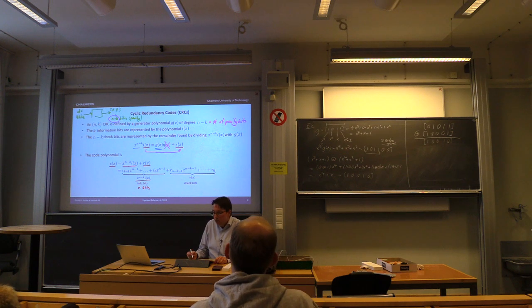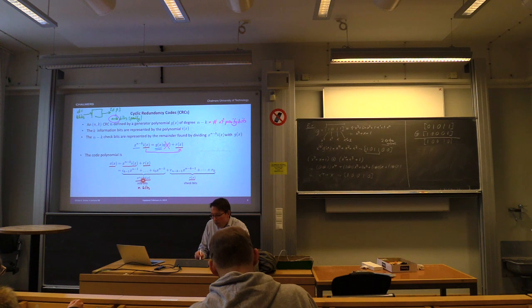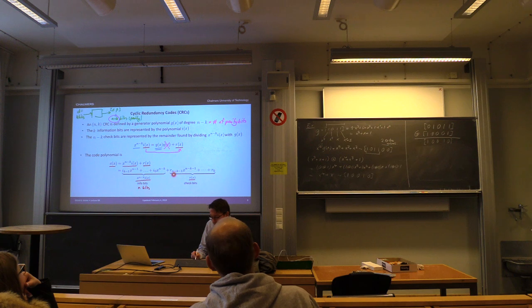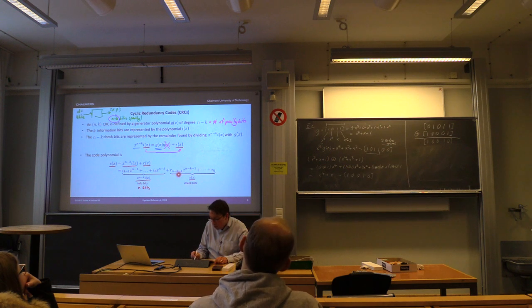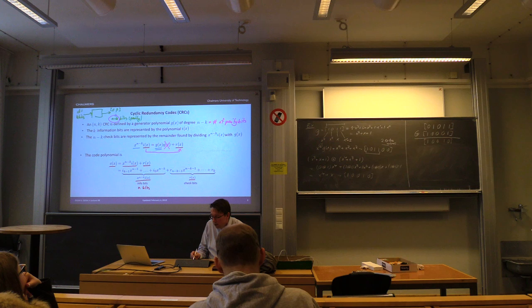And then it leaves just enough space to put in the remainder polynomial after that. There are no common powers in the remainder polynomial and this polynomial, because we shifted by n minus k positions, and the degree of the remainder polynomial is n minus k minus 1. So it just fits very naturally in there.